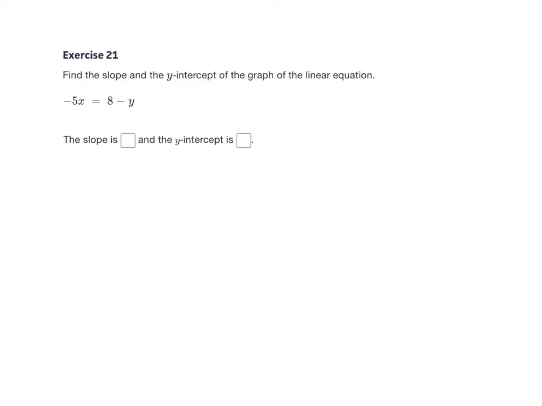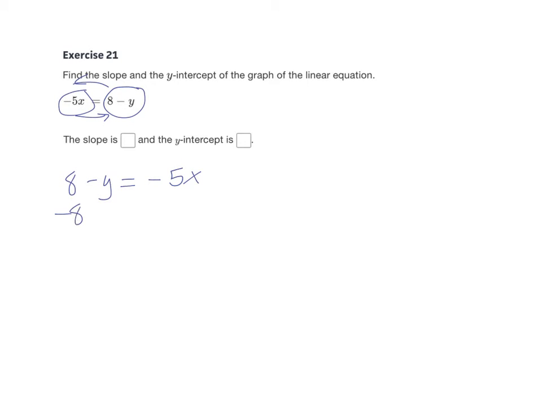21, I'm going to show you two different ways to do this one. Some people will flip this, and they'll flip it and it'll look like this. 8 minus y equals -5x. So they'll start by just taking the whole equation, and they'll move this part over, and they'll move this part over. And then how do you get rid of a positive 8?